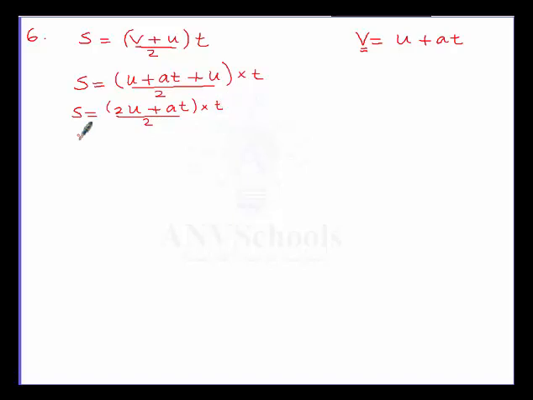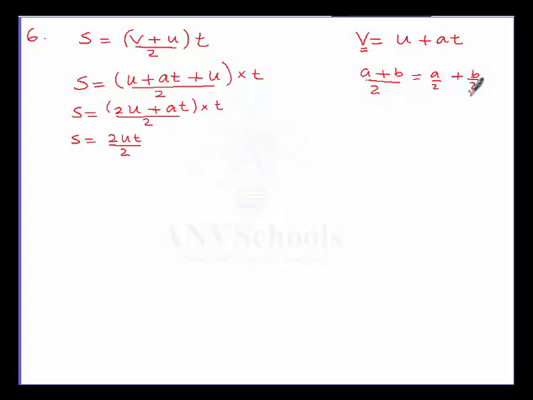Now this is the same as s is equal to, I can multiply t for all. It will be 2ut over 2, because from my mathematics background I know that a plus b divided by 2 I can write as a over 2 plus b over 2.